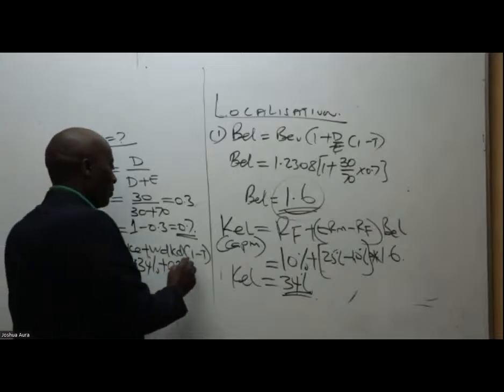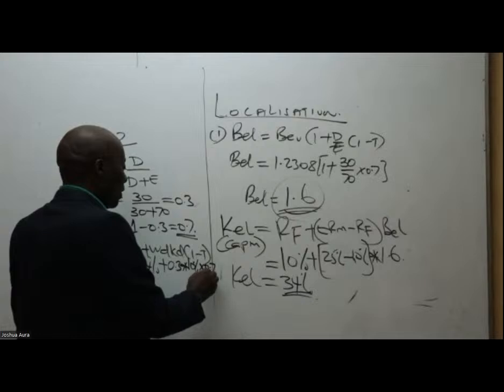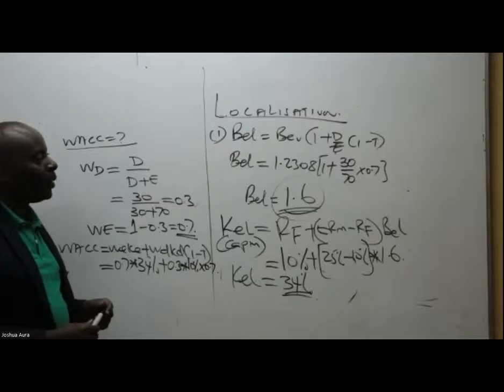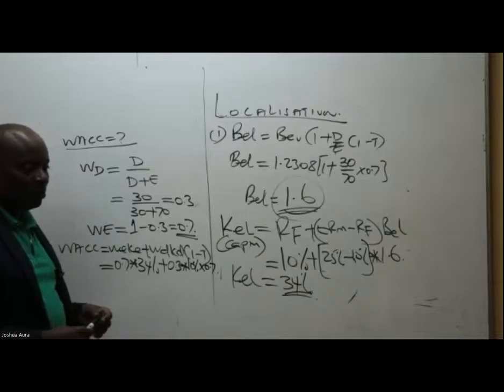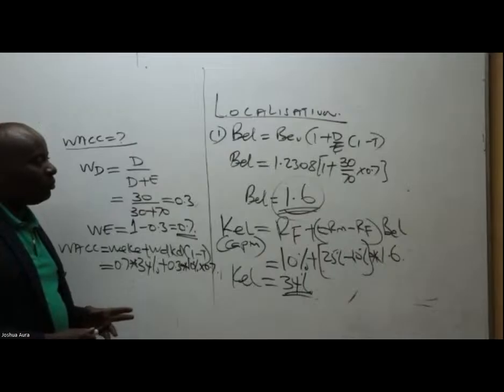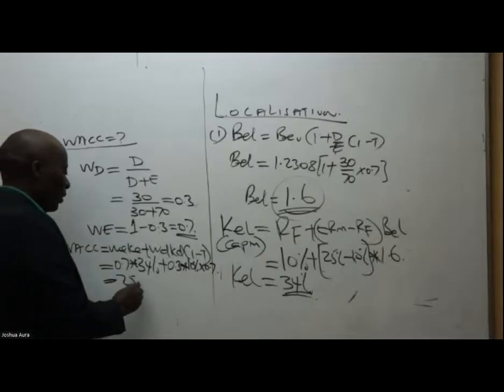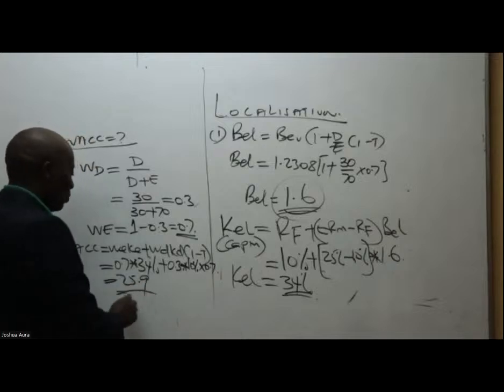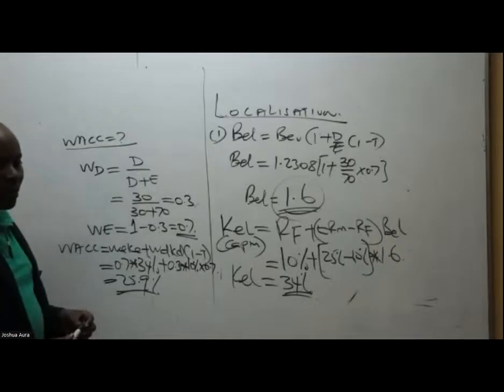We take risk-free, 10%, and multiply by 0.7 because of 1 minus tax. This gives a figure of 25.9% as the WACC.